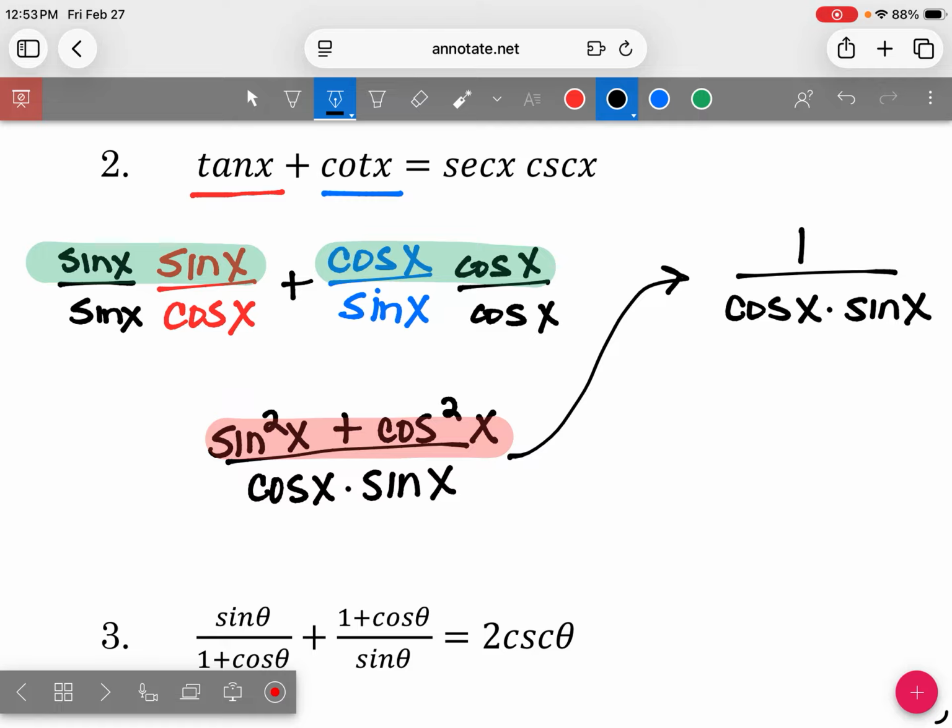And remember, I told you that when you have a fraction and you have an identity or a trig ratio in the denominator, you can bring it upstairs and change it to the sister. That's what's happening here. If I bring the cosine x upstairs, it's going to change to secant.